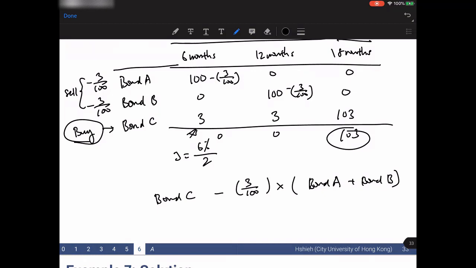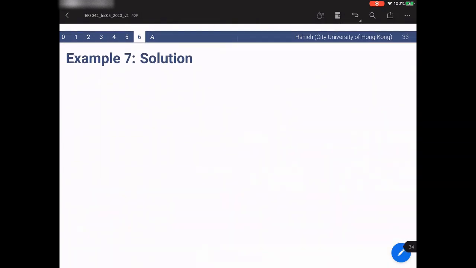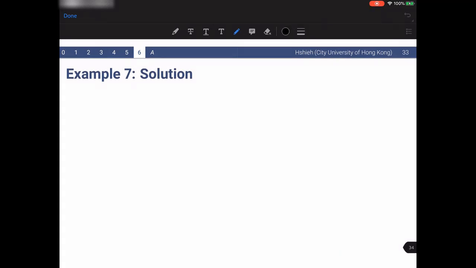All right, so we do have prices, so let's just plug those prices in. So the present value of our zero coupon bond portfolio is equal to the bond price of bond C, right, which is $99.31, I believe.